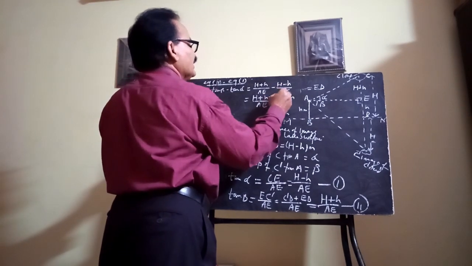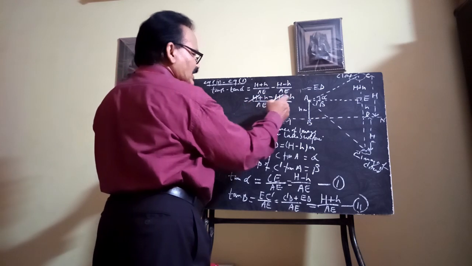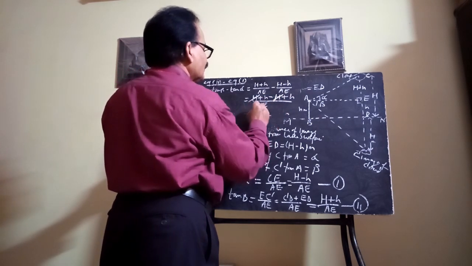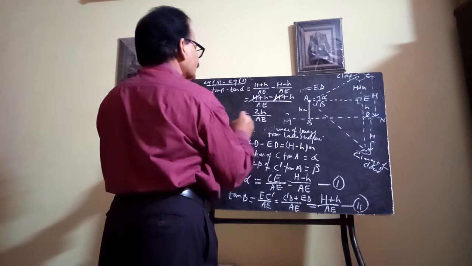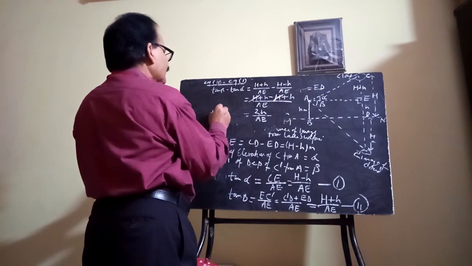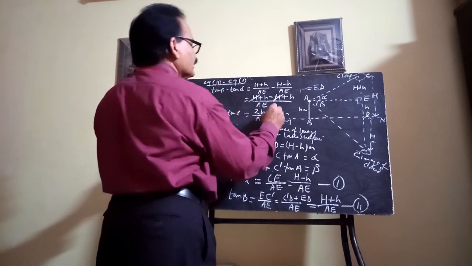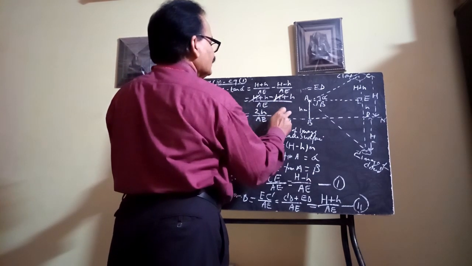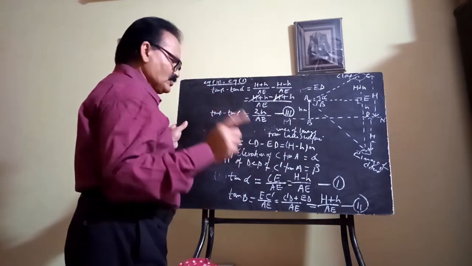Then capital H and capital H cancel, then small h plus small h is 2h divided by AE. So this is your tan beta minus tan alpha. Take this as your equation 3. You have to keep it in mind.